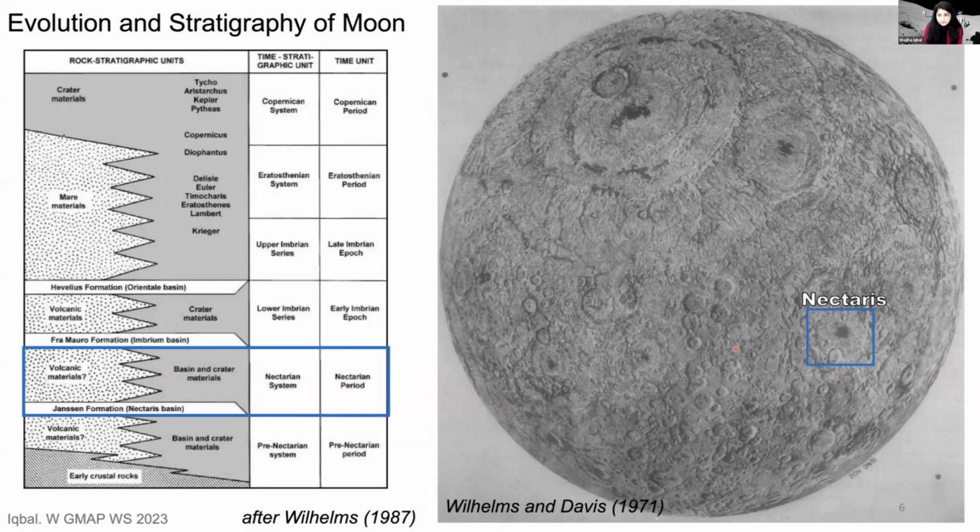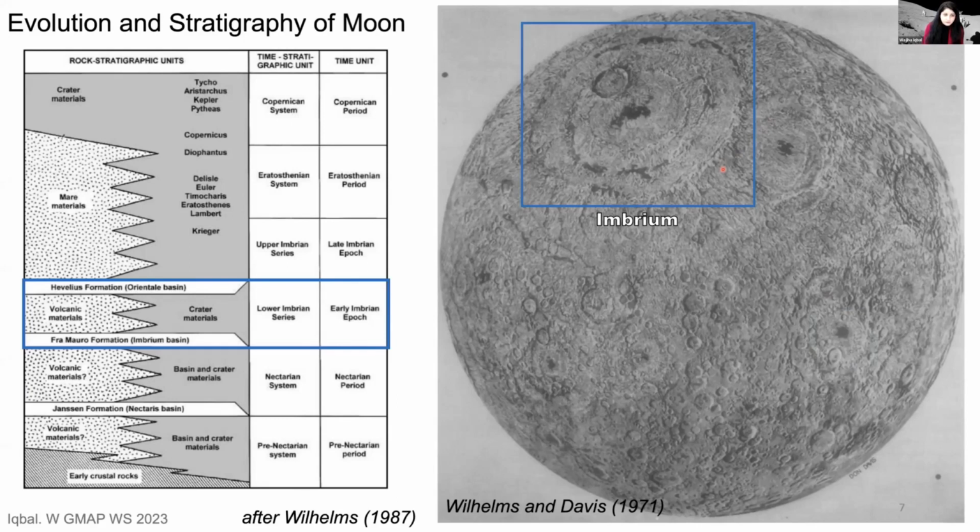During the Nectarian period, the dominant process on the surface of the Moon was basin formation, and there might have been some volcanism, but it is difficult to find out about it. The next stratigraphic period is named after the Imbrium Basin, mainly because ejecta from the Imbrium Basin covered or affected a lot of other geological units on the Moon.